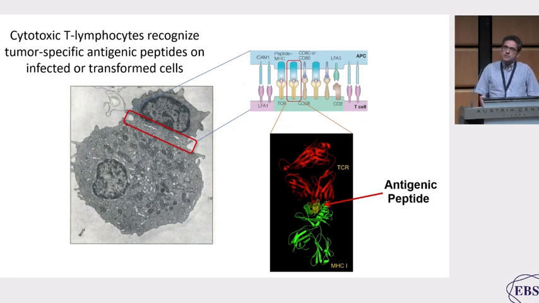Probably the most important of those interactions is shown on the bottom right, which is the interaction between the T cell receptor, shown in red, and the major histocompatibility molecule, shown in green. In the middle of that interaction is a small peptide, shown in yellow here, which is called the antigenic peptide. One of the things that I'm very interested in research-wise is to understand how these antigenic peptides are produced inside the cell.